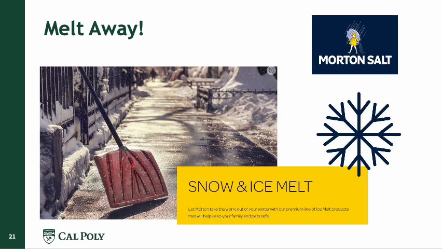Salt is added on the roads to melt the snow and ice, and this is done because salt does something that we call the depression of the melting point, and this is what helps us melt snow and ice, the addition of salt.